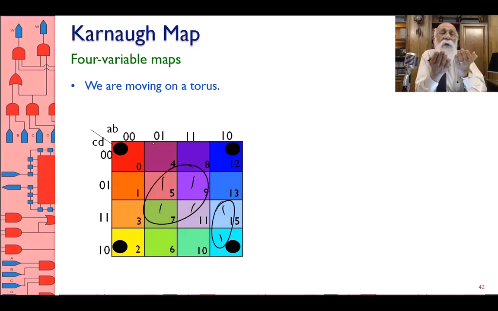Because before I showed you, I said, well, this is like a circular paper. So when you look at the back of it, then you see that these sides are adjacent. Now I'm saying it's really not a circle. It's more of a spherical adjacency, where the four corners are next to each other if you go back and look at the back of the Karnaugh map.